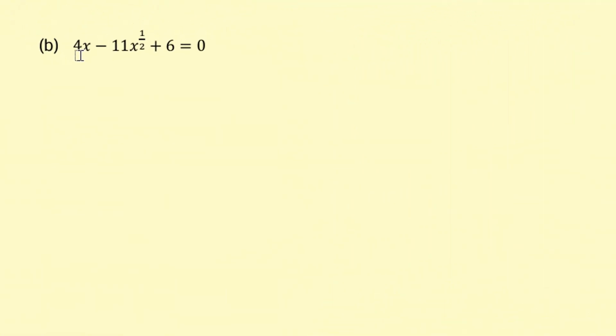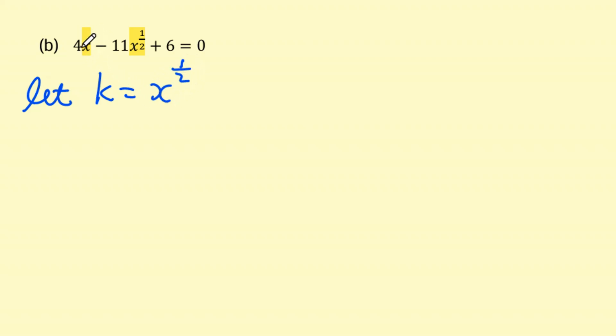So in B, we have 4x minus 11x to the half plus 6 equals 0. The first x has a power of 1, whereas the second x has a power of a half. So 1 is twice a half. So we know that this is a hidden trinomial. And we can let the middle x be equal to k. So let k equal x to the power of a half.